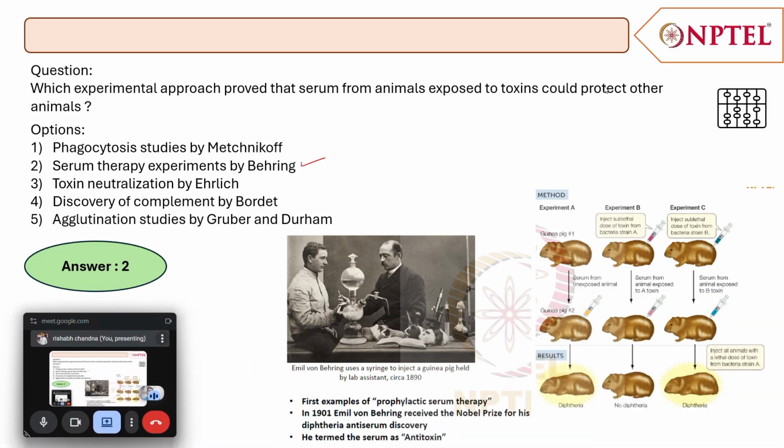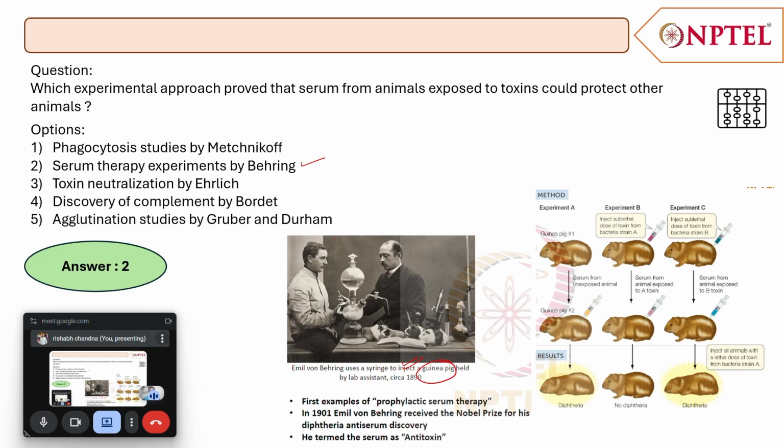So Behring actually used guinea pigs. He injected a serum from the affected diphtheria guinea pigs, and suggested that the pigs that received the serum from the affected guinea pigs developed immunity against the diphtheria toxin.